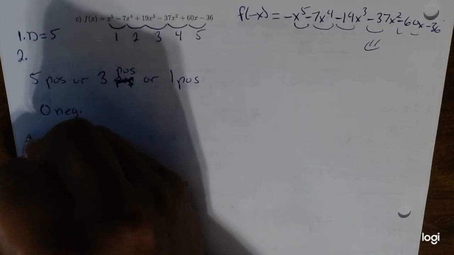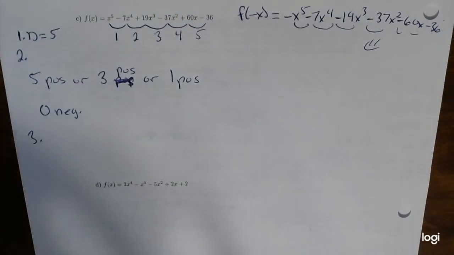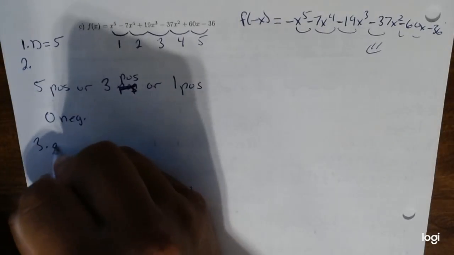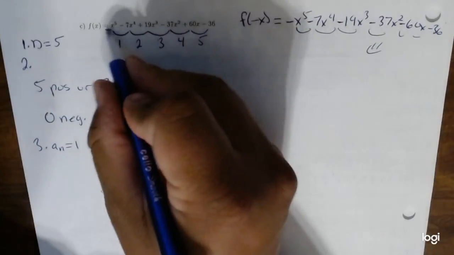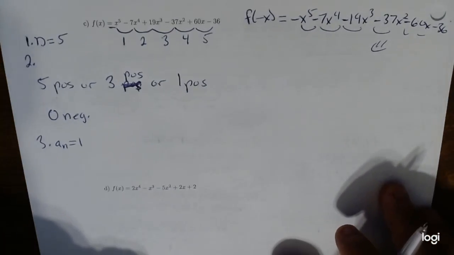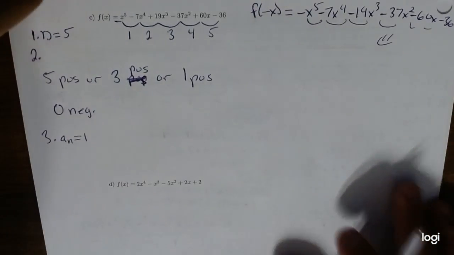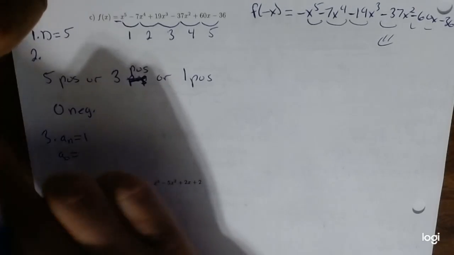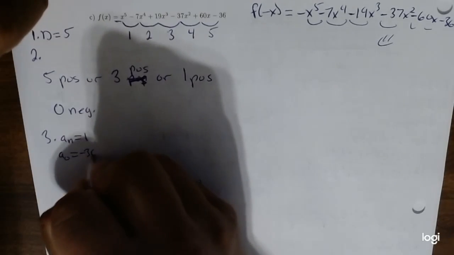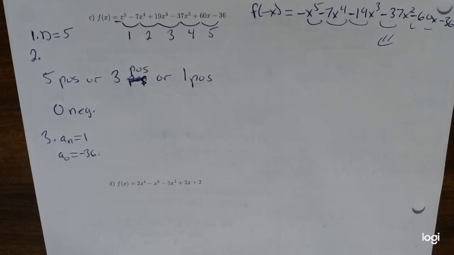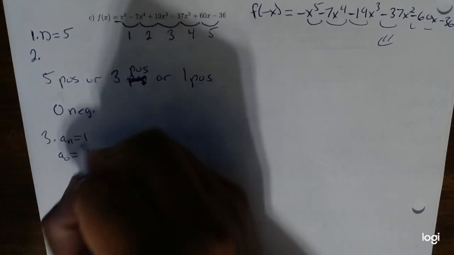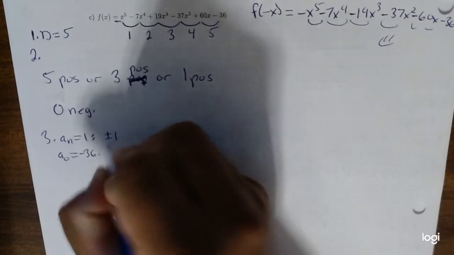All right, now let's go on to number 3. All right, so number 3, our a sub n, this one's 1, right, for sure. Make sure, yeah, that's 1 for sure, okay? All right, so now a sub naught is negative 36, which is a pretty big number, right? All right, so let's list all the factors, plus or minus 1. All right, 36 is a lengthy one, so like I said, right?